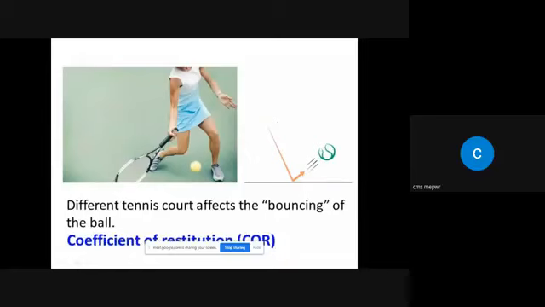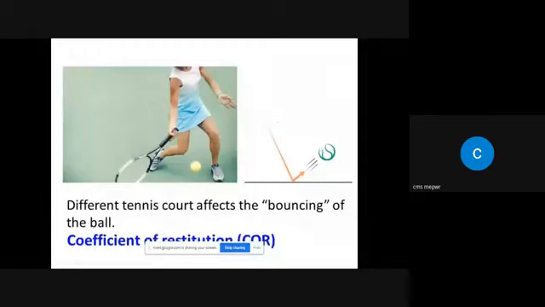In tennis, players must take into consideration the type of court on which they are playing, whether it's a grass court, a carpet court, or a clay court, because different courts will have different bouncing, meaning the surface will react differently to the bounce. This is because of the coefficient of restitution between the two colliding materials, that is, between the ball and the court surface.